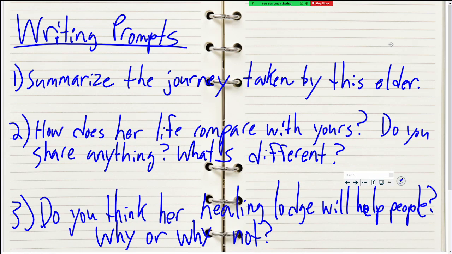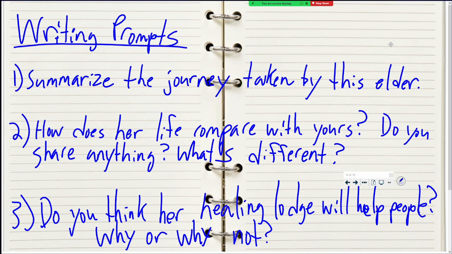Now we need to spend some time on these questions you could potentially get on a question like this. So if you're asked to summarize the journey taken by this elder, you would have to jot down the order in which her journey takes place, right?